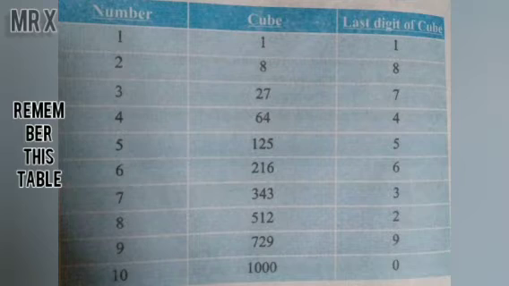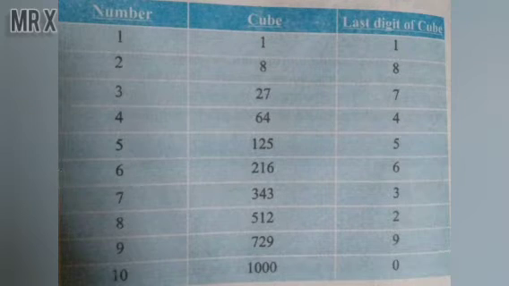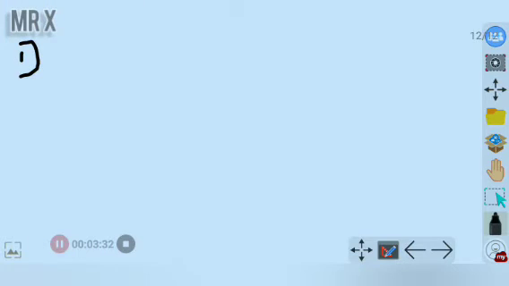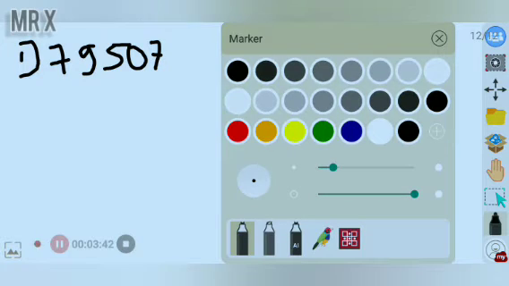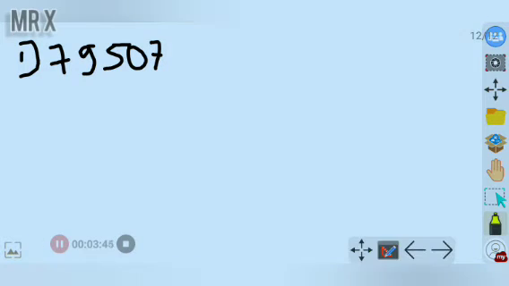We will see with an example first, which is the cube root of 79507. You simply have to form two groups.